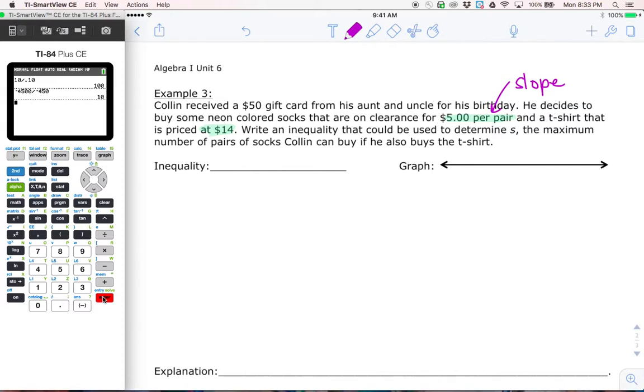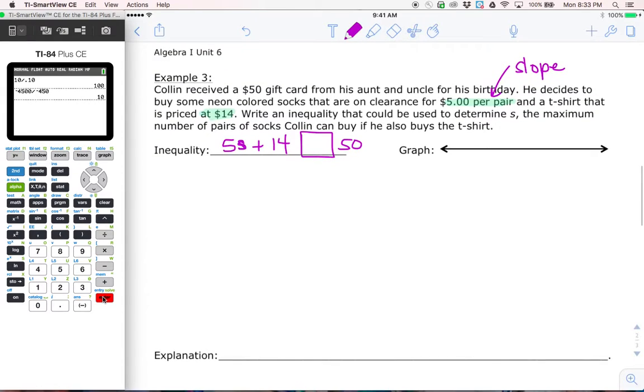All right, so $5 for each pair of socks, plus $14 for the t-shirt, all needs to be what compared to that $50? Well, it's a gift card, which means you can't go over that amount. We're going to assume he has no cash in his pocket, right? $5 for each pair of socks, $14 for the shirt.